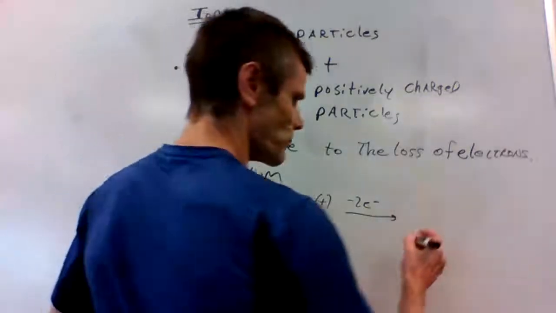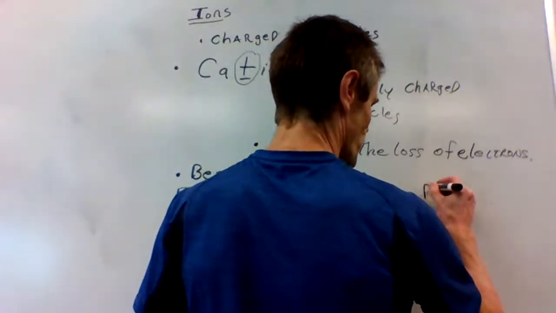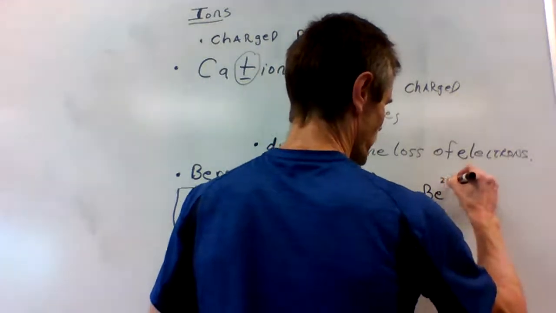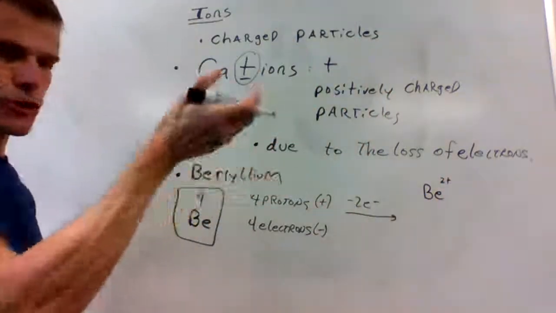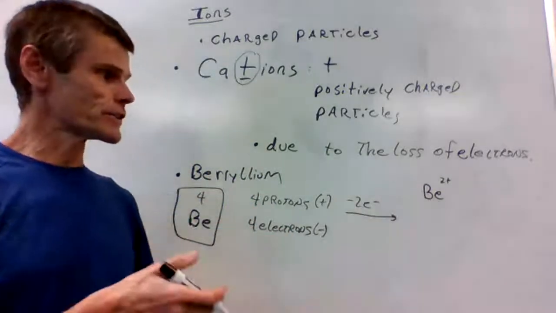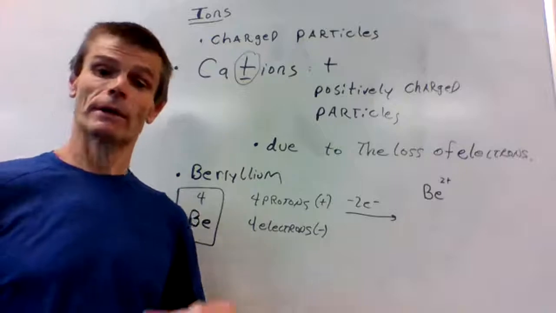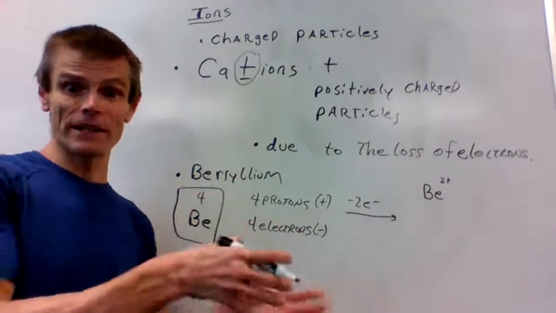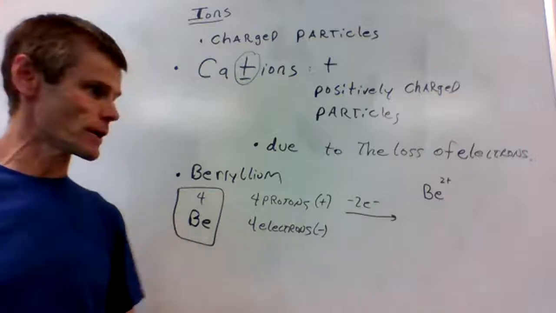And we're going to end up with what we call the beryllium cation. And we normally write these with a little superscripted positive charge for the cation. And since it's lost 2 electrons, beryllium has 2 additional protons in comparison to the number of electrons.